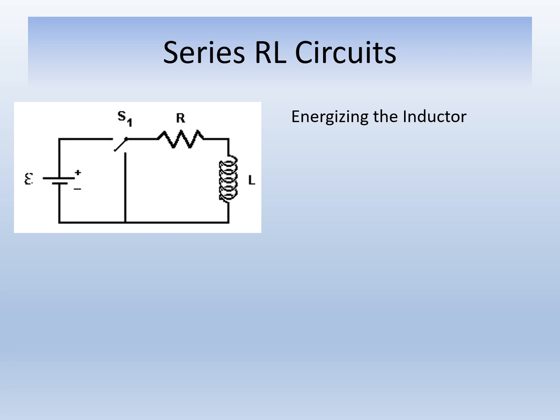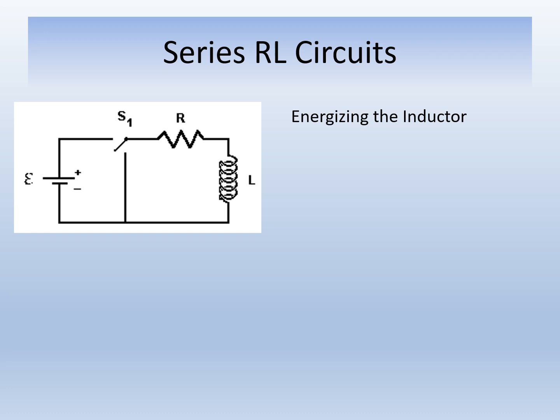The circuit given to you here has an inductor connected in series with a resistor, and this network is connected across a battery. The resistor here represents all the resistances in the circuit.